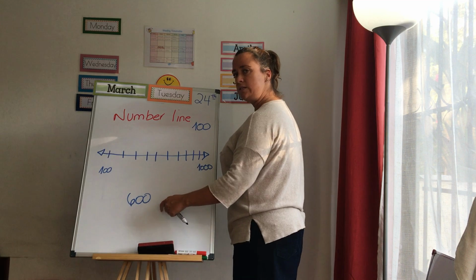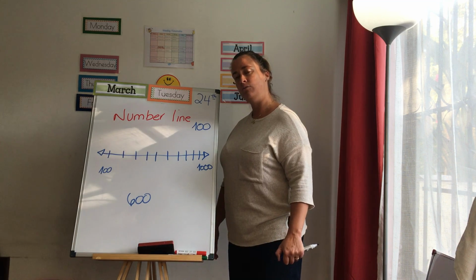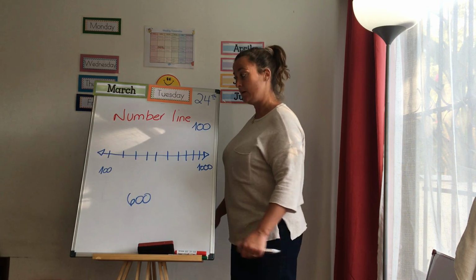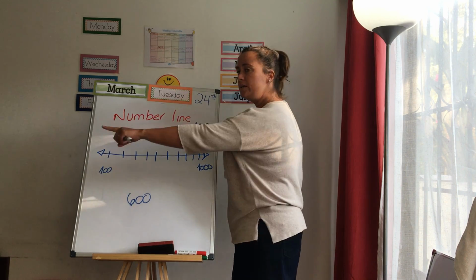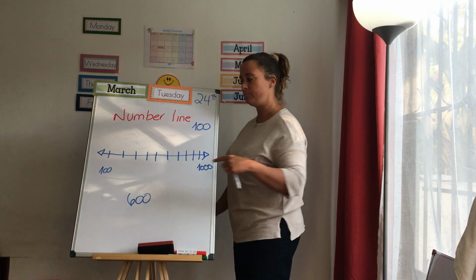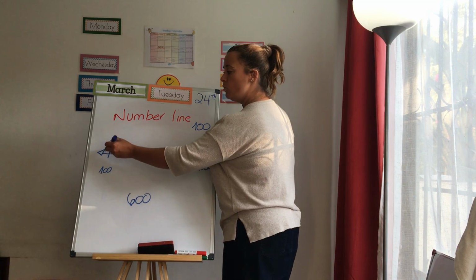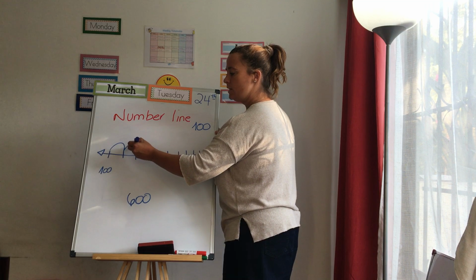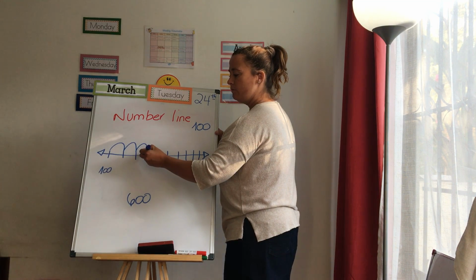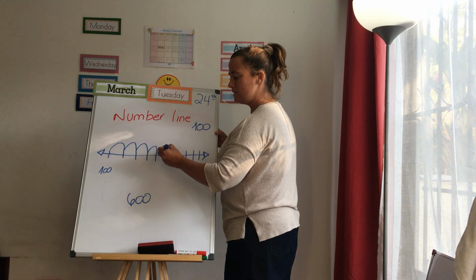And if I need you to place 600 there, where would you place it? Remember, starting from one end or the other one, it doesn't matter. Let's go from the beginning first. I need to get to 600: 100, 200, 300, 400, 500, 600.